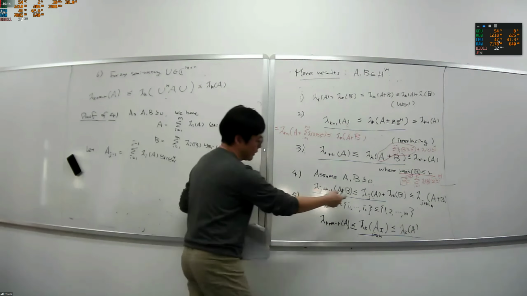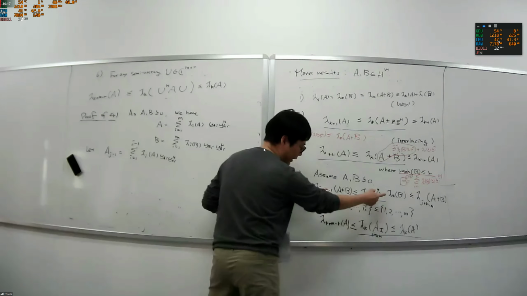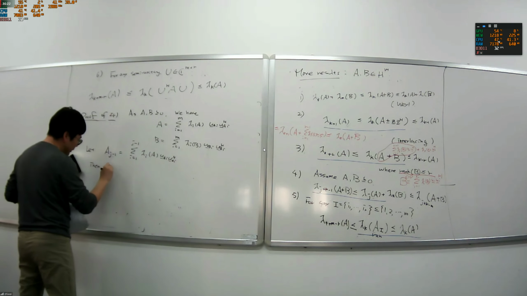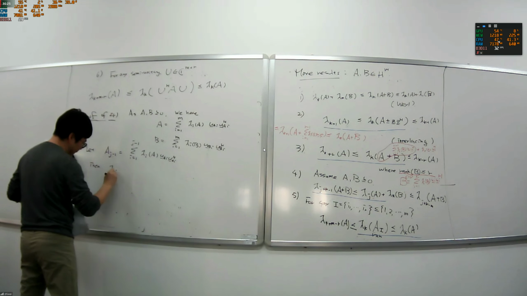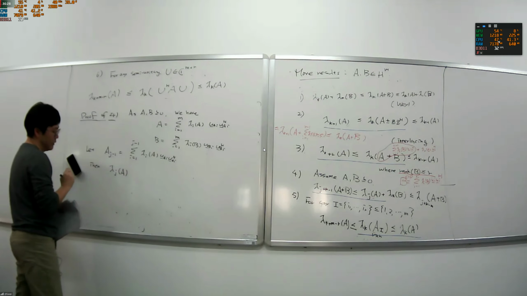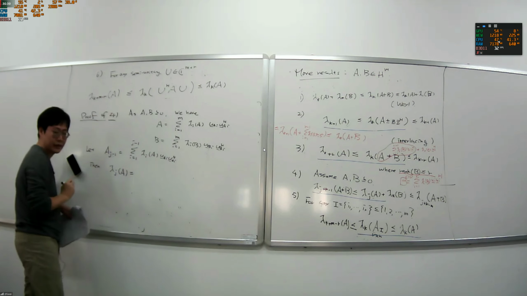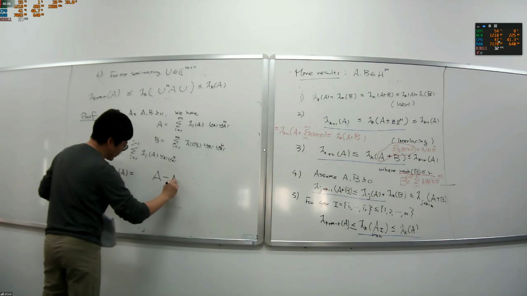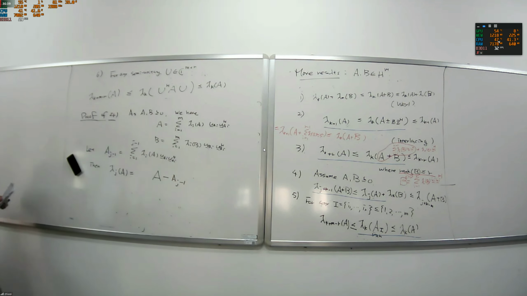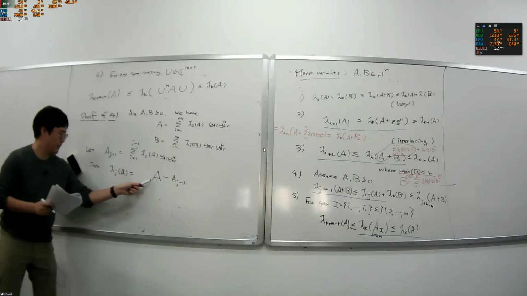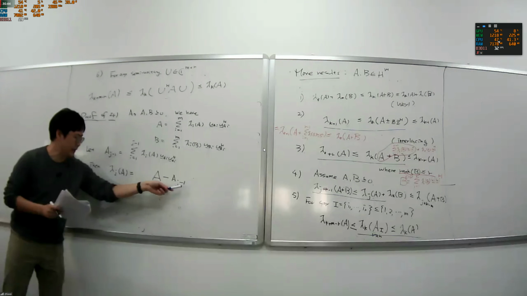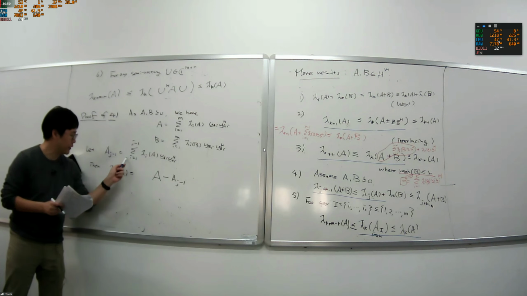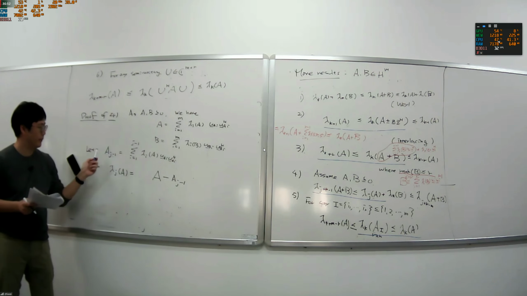Here we want to check the j's eigenvalue of A, and also the k's eigenvalue of B. The j's largest eigenvalue of A can be considered by considering A minus A j minus 1. We remove the first j minus 1 components from A.